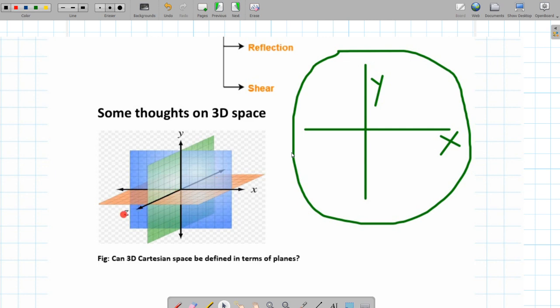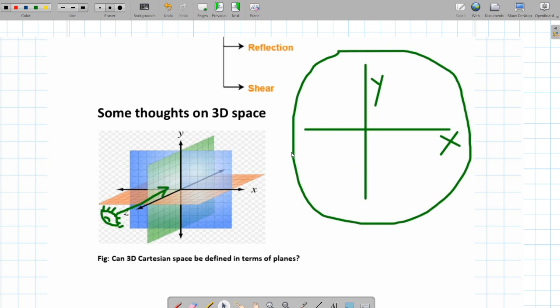It feels as if someone is looking towards this three-dimensional space from this direction, that means along the z-axis.